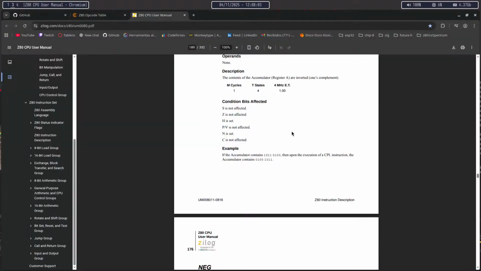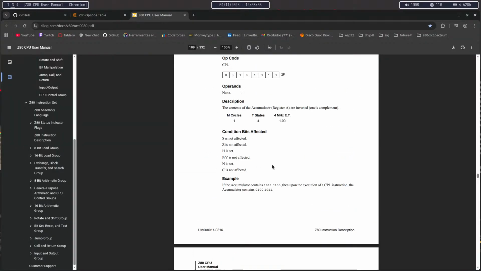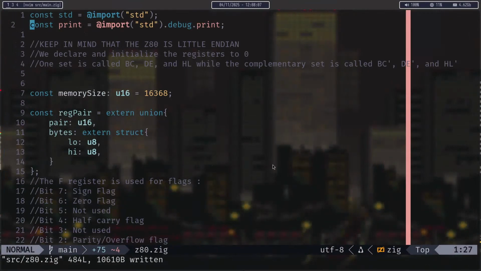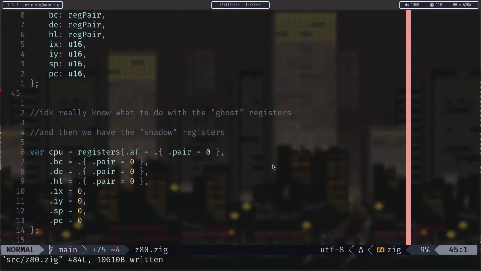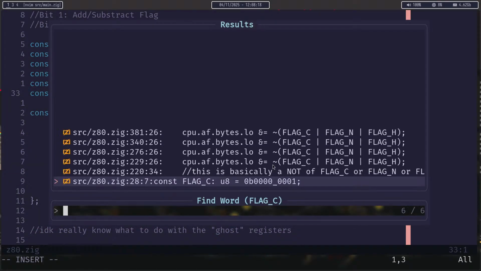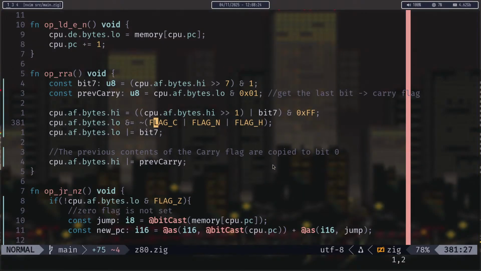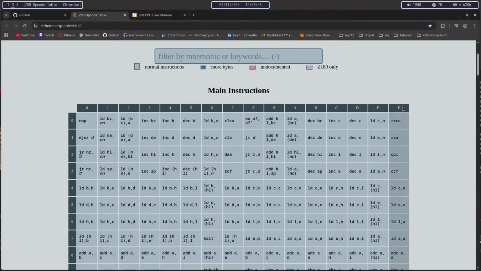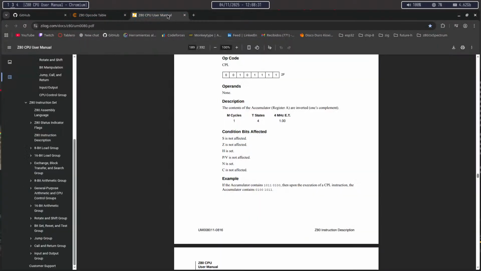Good enough, good enough, good enough, I believe. Reset. Okay, so I have to reset, not set.